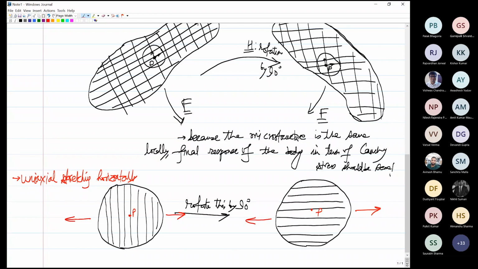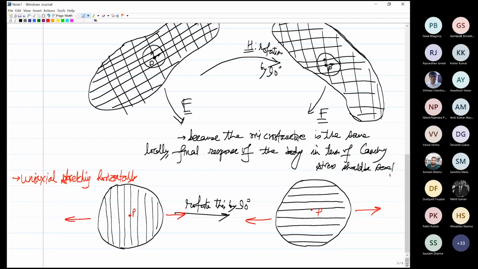But if you somehow manage to pull by the same amount, then the stress developed will be higher in case the loading is aligned in the direction of the fiber, right? So that's the physics, but finally you can say that the response is different because the local microstructure is not the same. The orientation of the microstructure is not the same in the two cases.